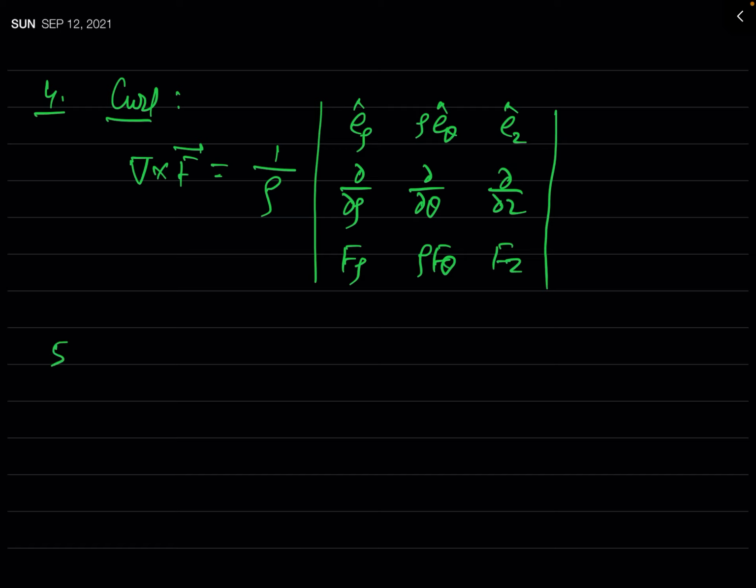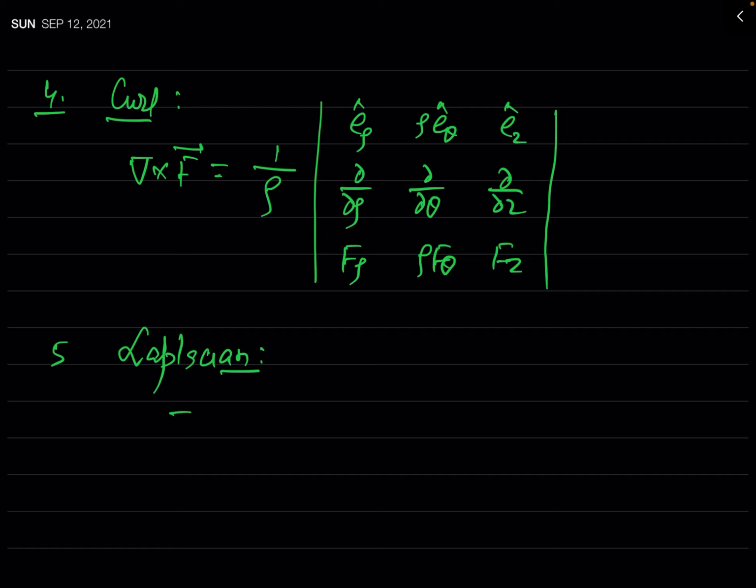Now finally, what will be the expression for the Laplacian in this case? You can again check this expression from the general expression by substituting the values of h1, h2 and h3.